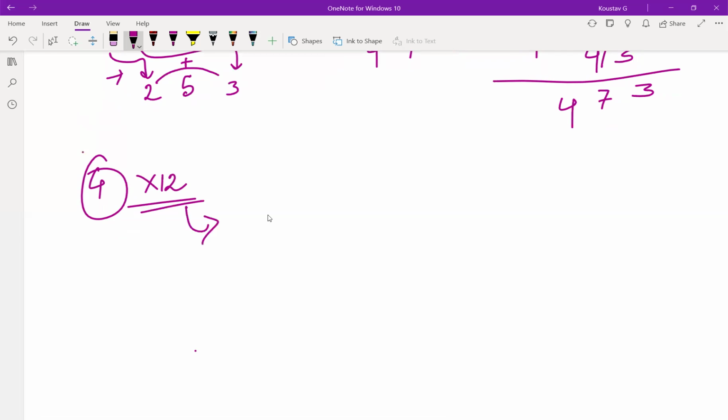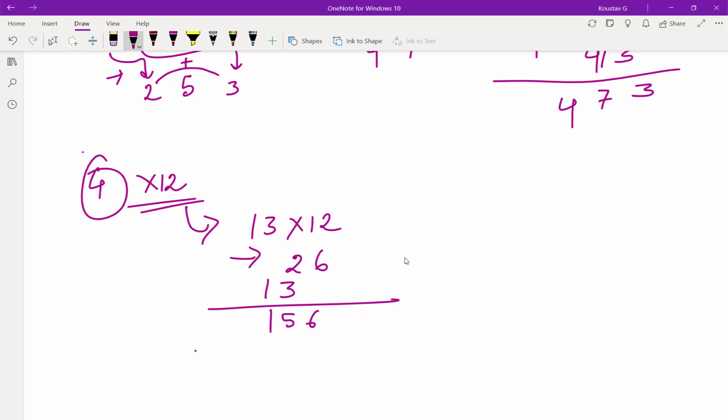Suppose consider 13 multiplied by 12. What will you do? This is 26, and that is 13, right? Then you need to add. So 1, 5, 6. In that way you can do it.